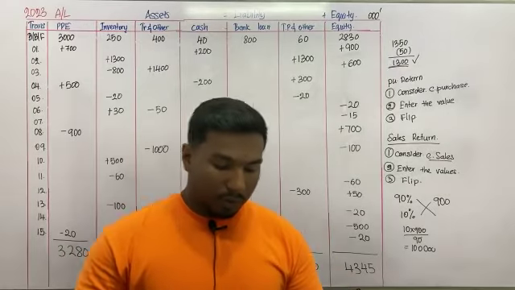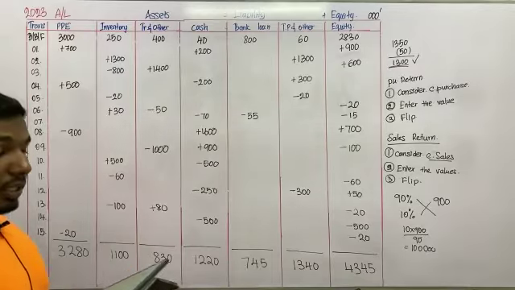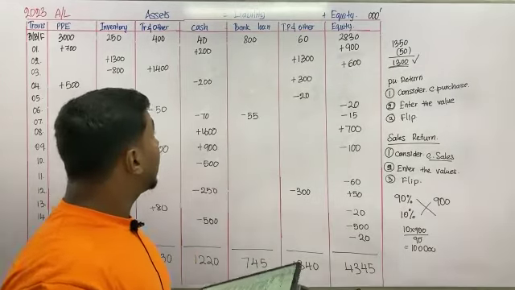So these will be our numbers for question number three, question number three for the 2023 A level.